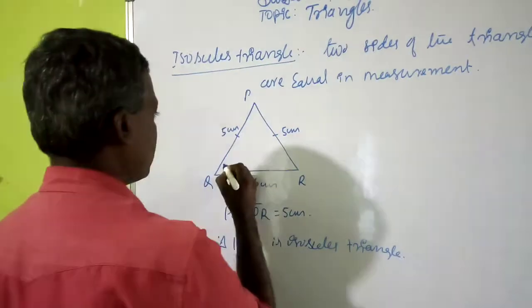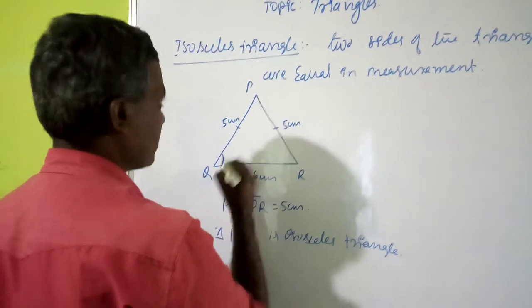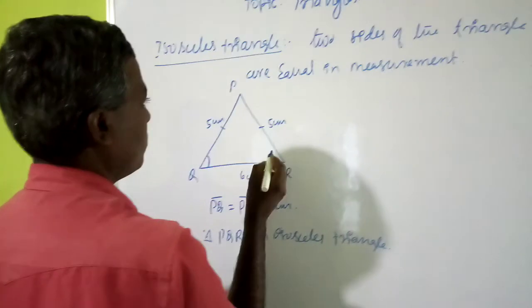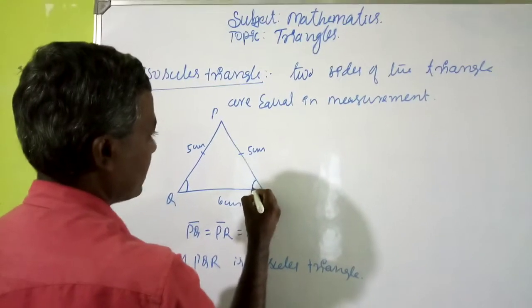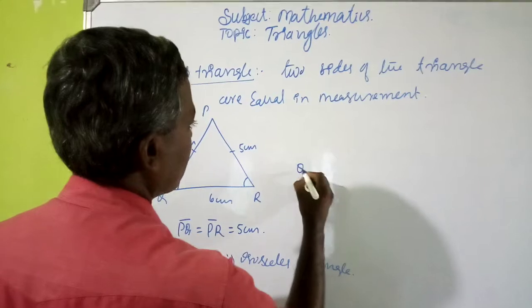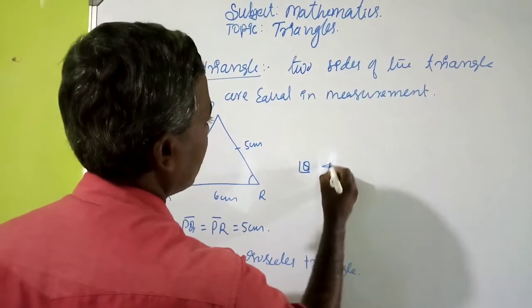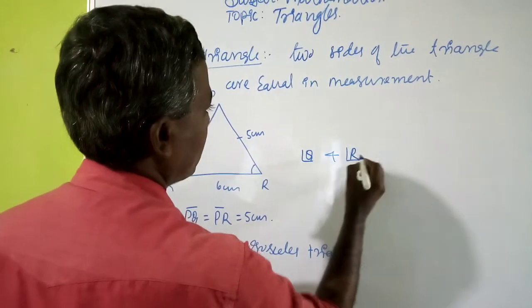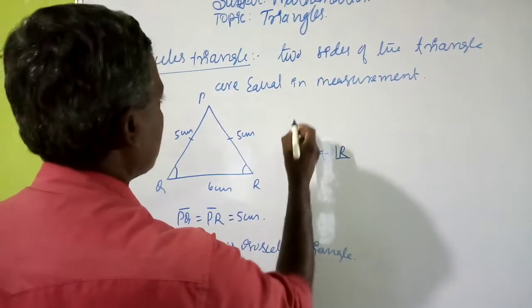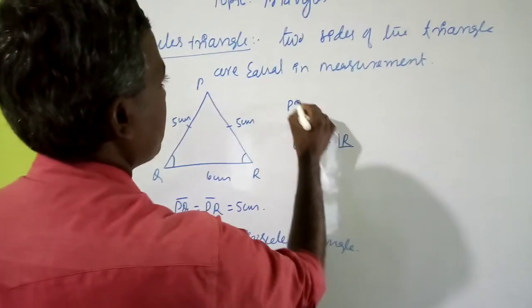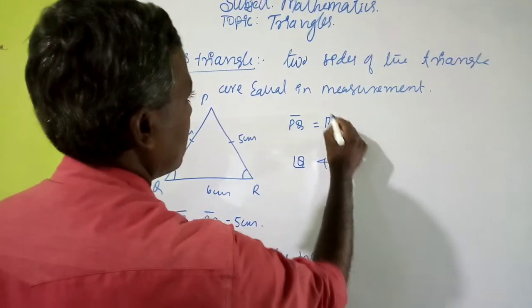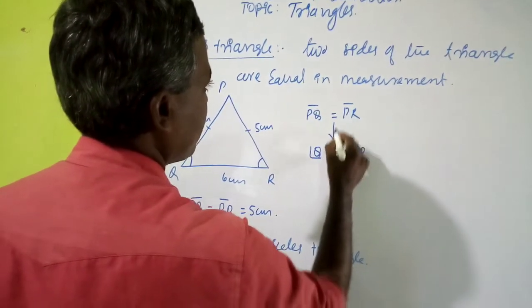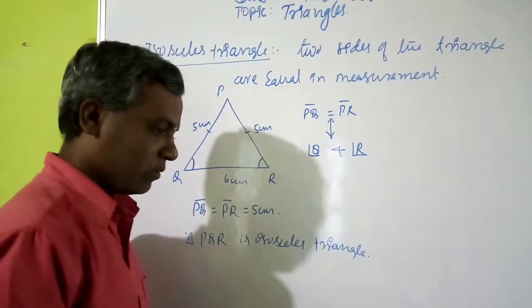The angle Q and angle R are formed opposite to the equal sides PQ and PR. The relationship between these two angles is what we are going to study now.